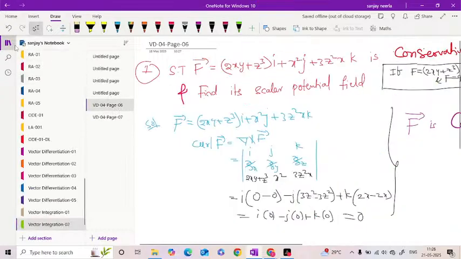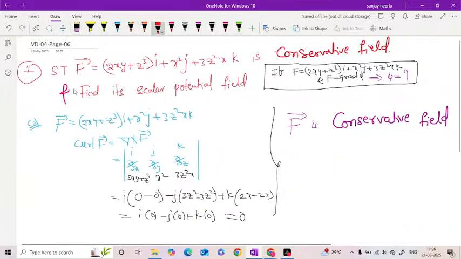Now here I am adding the question. Now it is the first question.